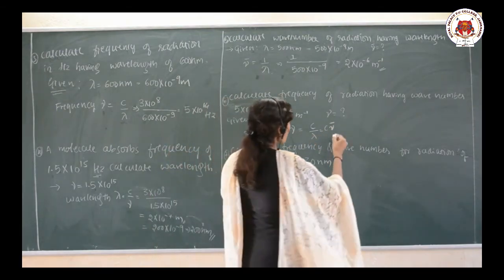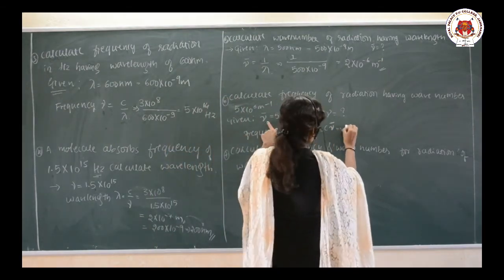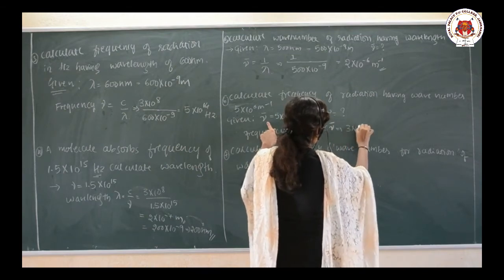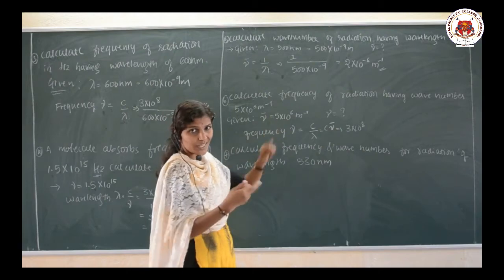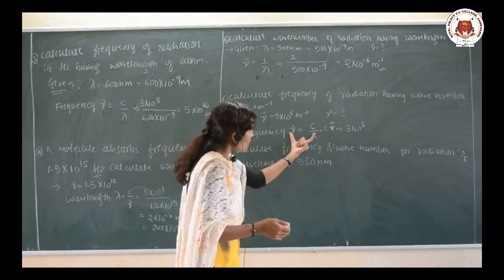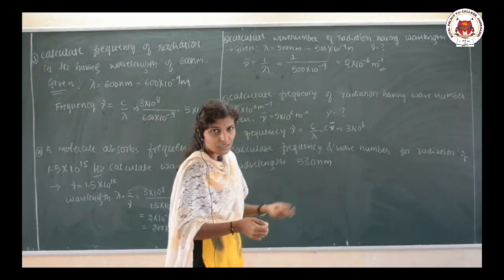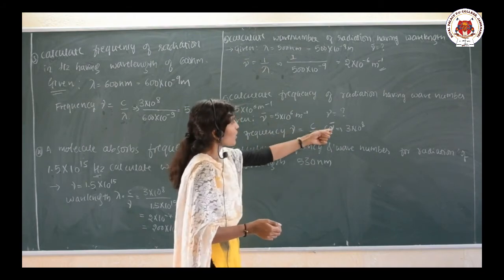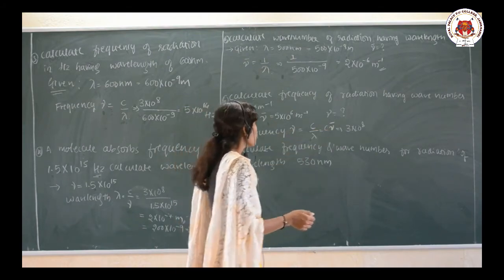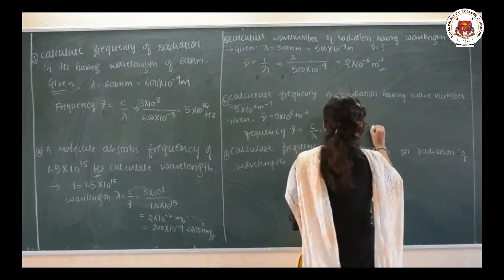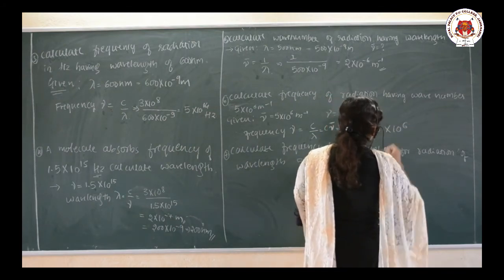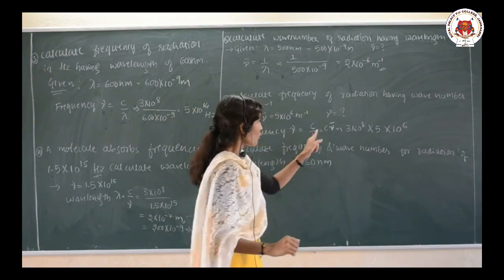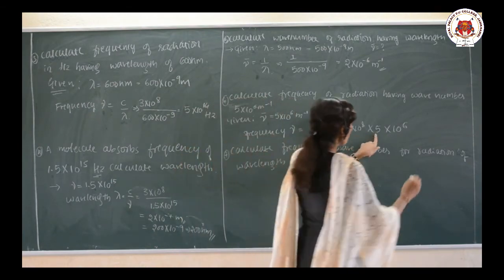Now, you can substitute the value. The value of C is 3 into 10 to the power 8, and then the value of nu bar. You need to convert this formula, 1 by lambda, in terms of the wave number. So, I have substituted the value of the wave number.